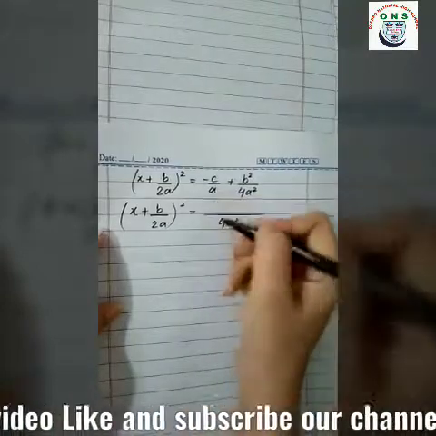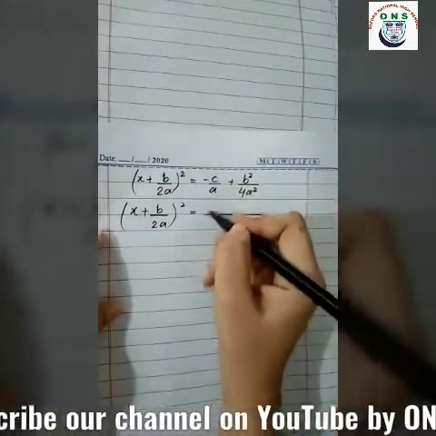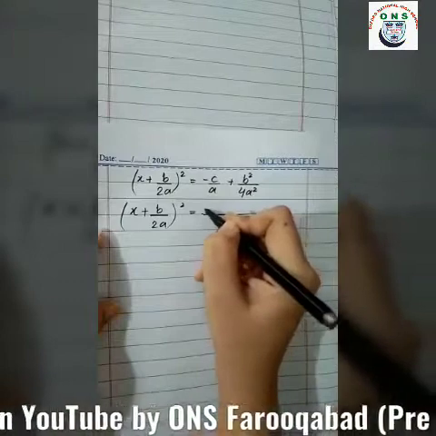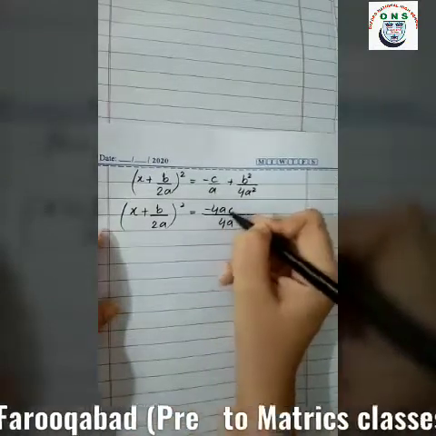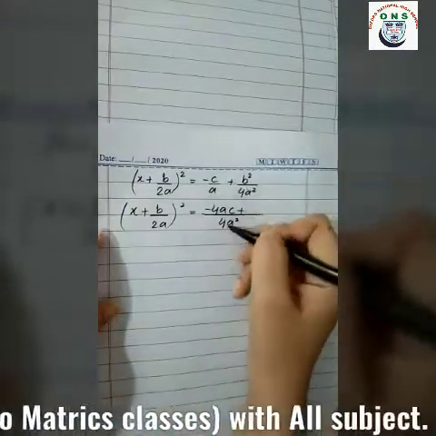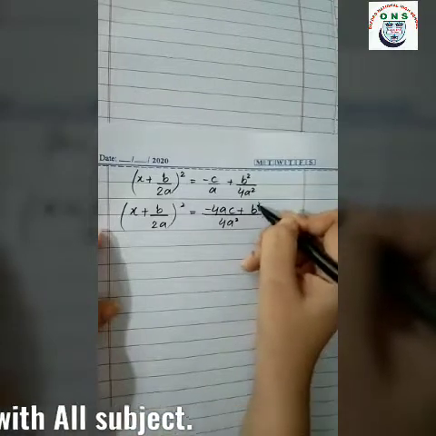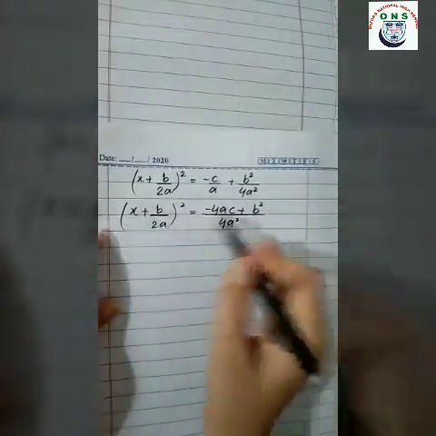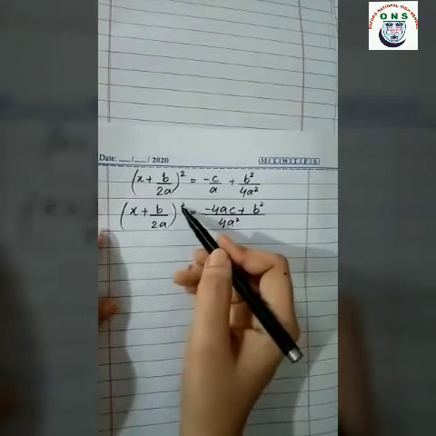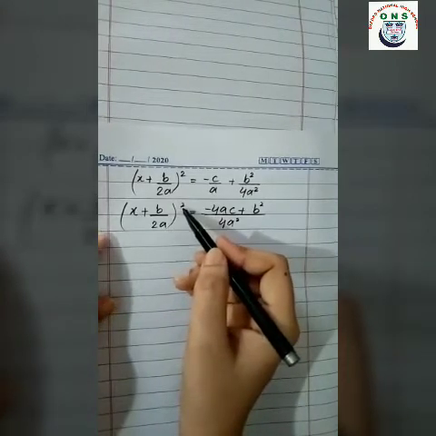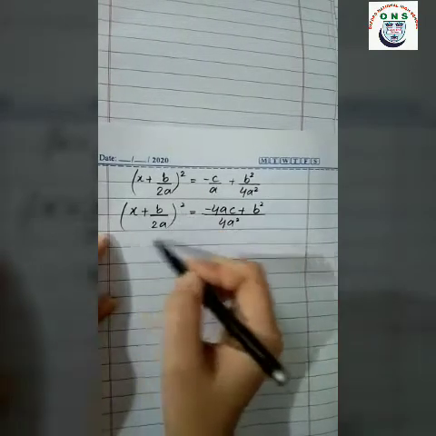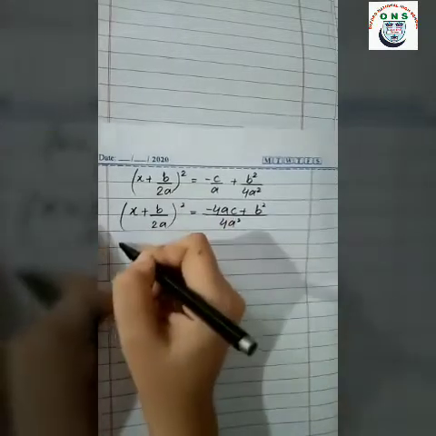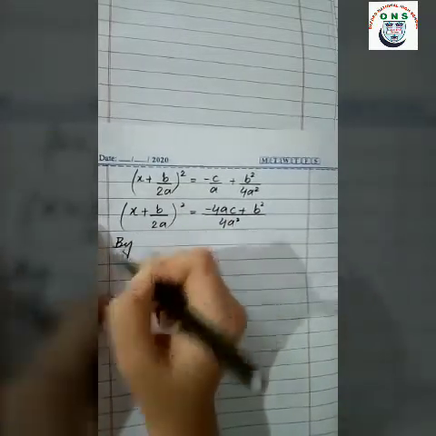Here a is cut, 4a is left. 4a will be multiplied with minus c, minus 4ac, plus this is cancelled, so b square is left. So if we solve on both sides, what to do? We have to take square root on both sides so that we can make it single by taking square root.